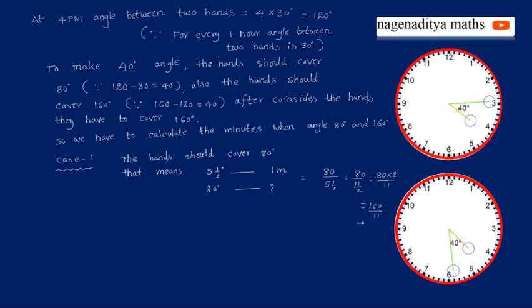Converting into a mixed fraction, we get 14 6/11 minutes. Hence at 4 hours 14 6/11 minutes, the angle between the two hands is 40 degrees.